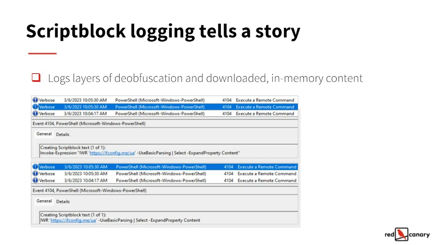The first being invoke expression being called, and you see the context of the payload that was supplied. But if there was actual subsequent PowerShell content that followed, say that also executed invoke expression, you would see this gradually unwrap in the logs and get that great context, even if it was executed entirely in memory.